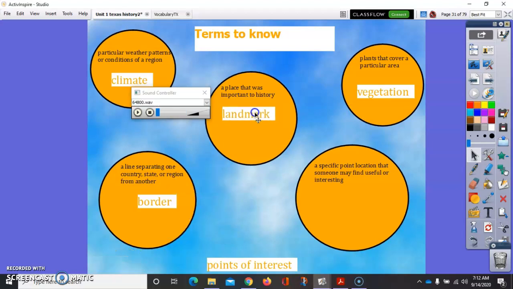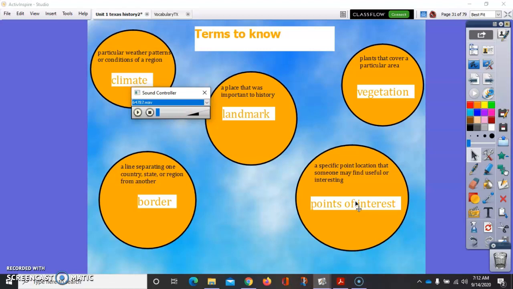Landmark, a place that was important to history. A point of interest, a specific point or location that someone may find useful or interesting. So you can always come back and reference these to kind of help you remember what you're supposed to be putting on your Google slide.